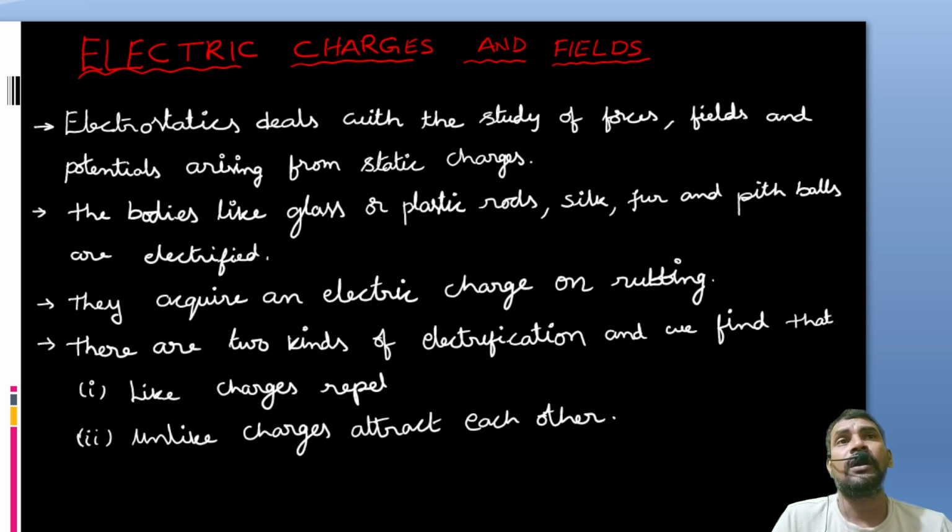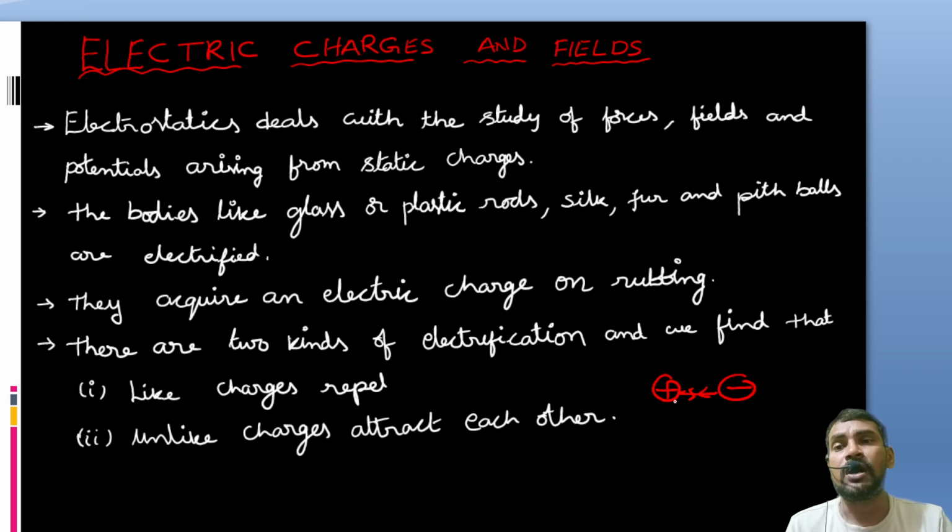There are two kinds of electrification, or two kinds of electric force. There may be a force of attraction, or there may be a force of repulsion. For example, if I take two charges, one positive and the second one negative, then there will be a force of attraction between those two charges.